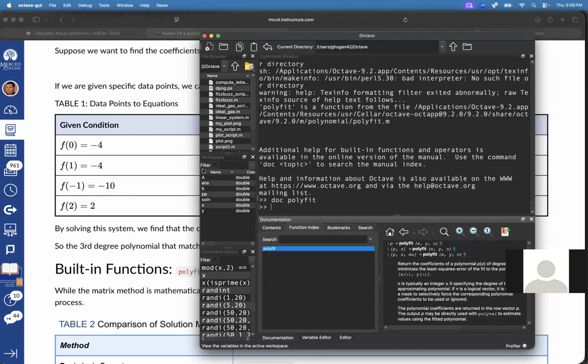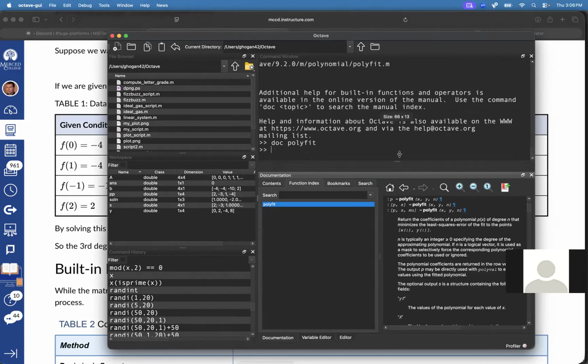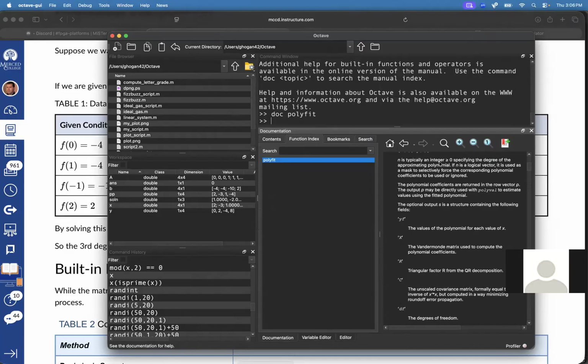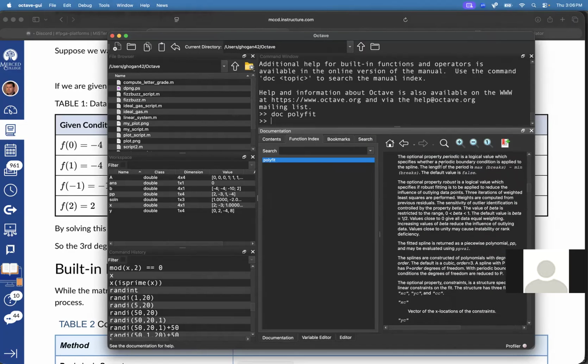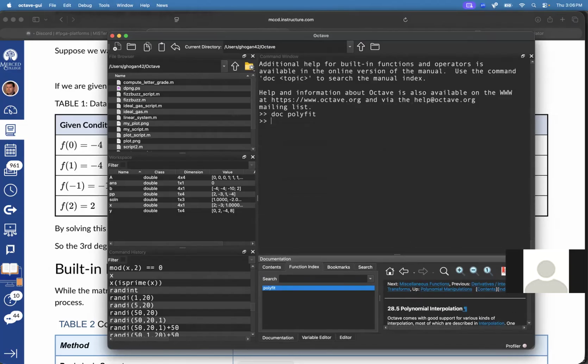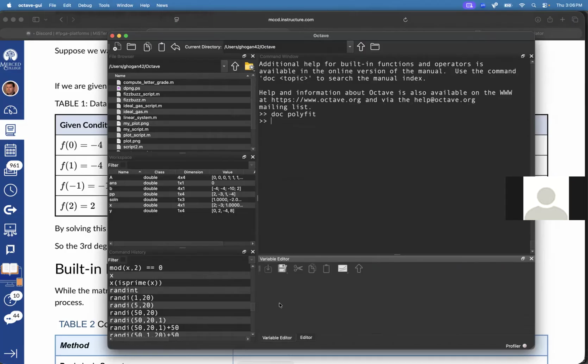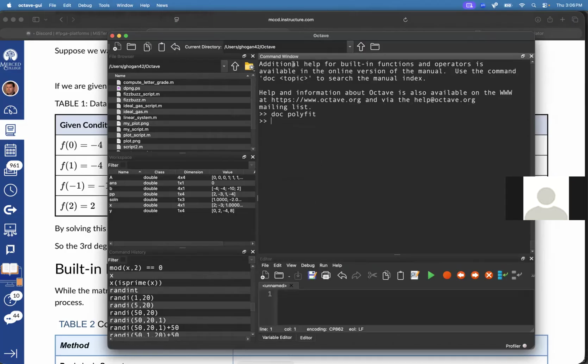So I type doc polyfit and I can read down here some help on how to use the polyfit function. We could also Google and find information about that, but I'm not going to read the documentation now. We will just finish solving this.